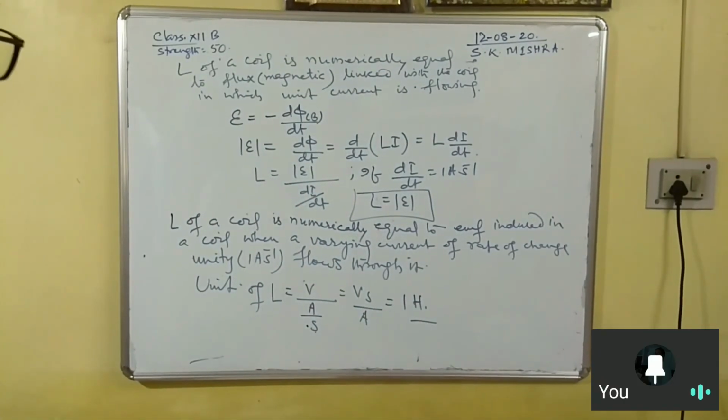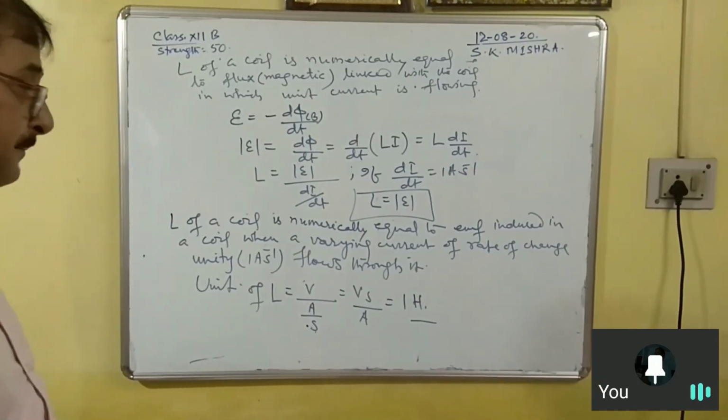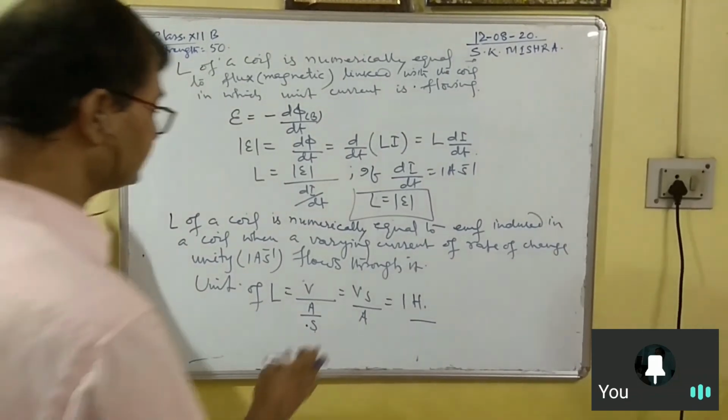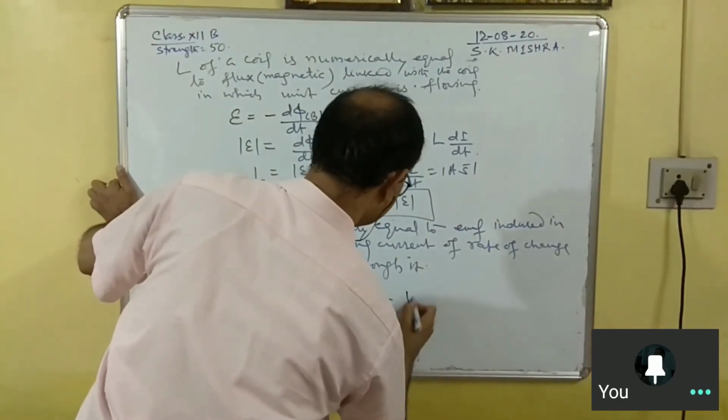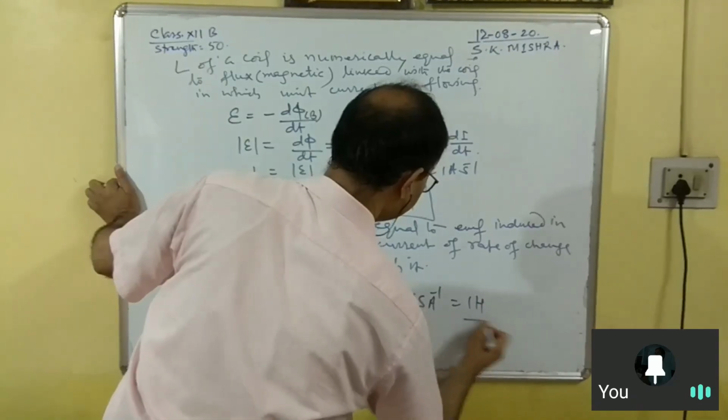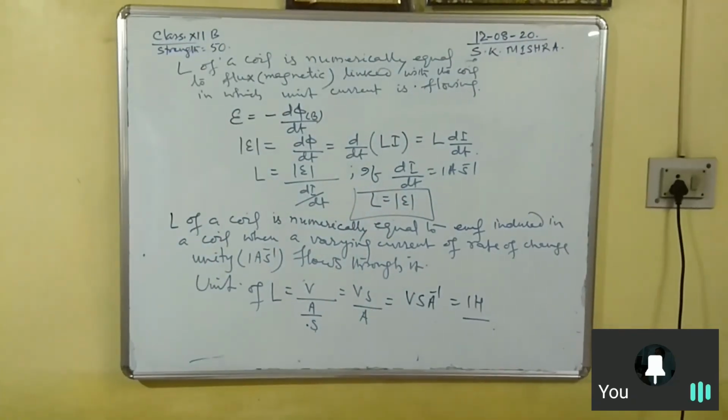So 1 Weber per ampere is also known as 1 Henry, and 1 volt second per ampere is also known as Henry.